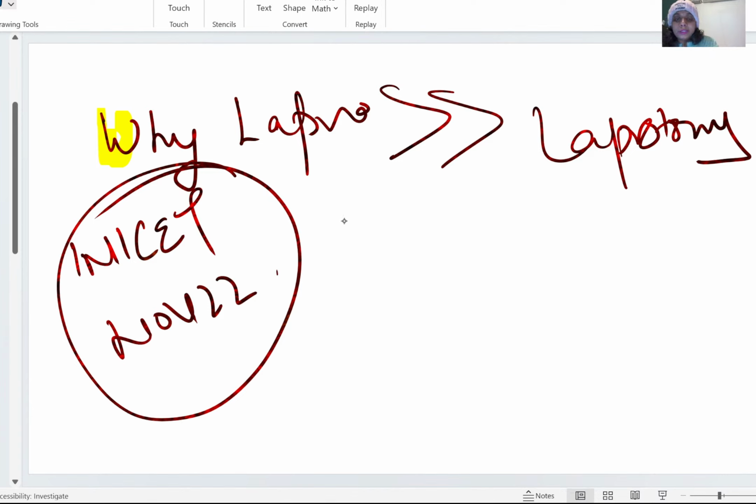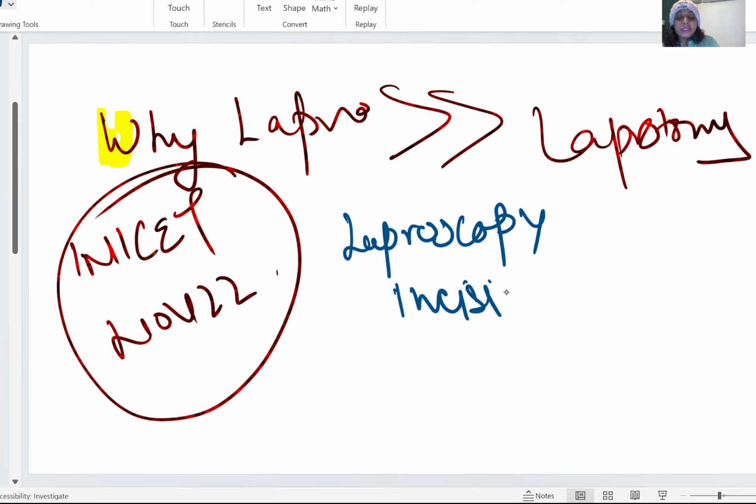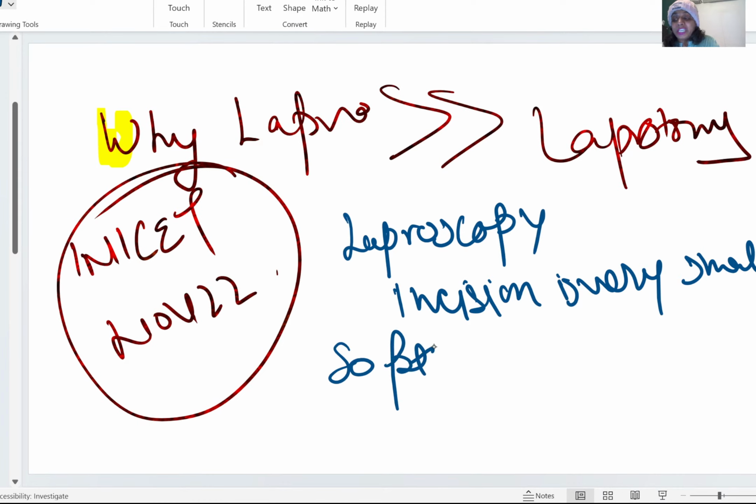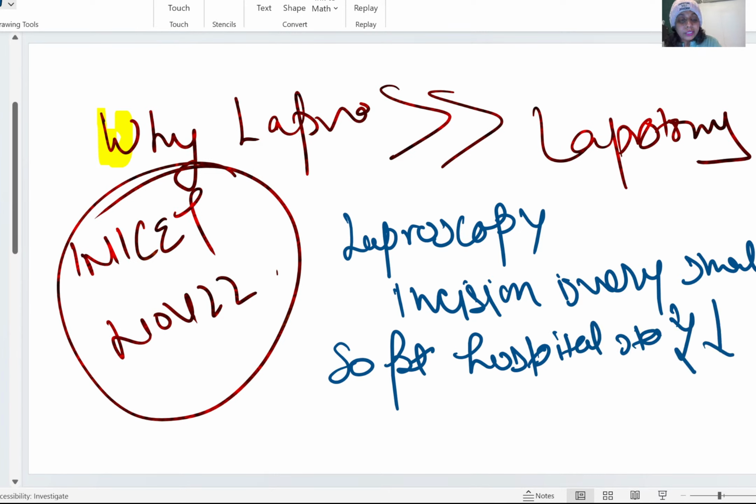Very simple. In laparoscopy, the incision is very small. So patient hospital stay decreases. Patient morbidity decreases.